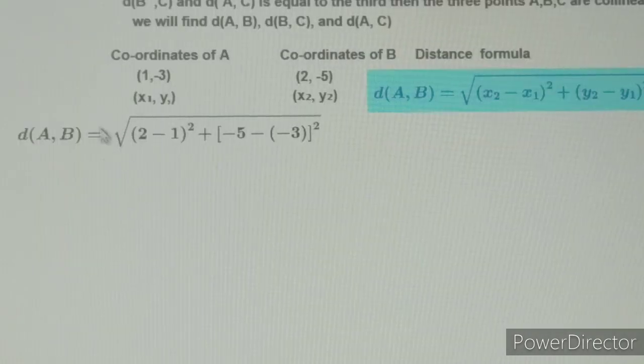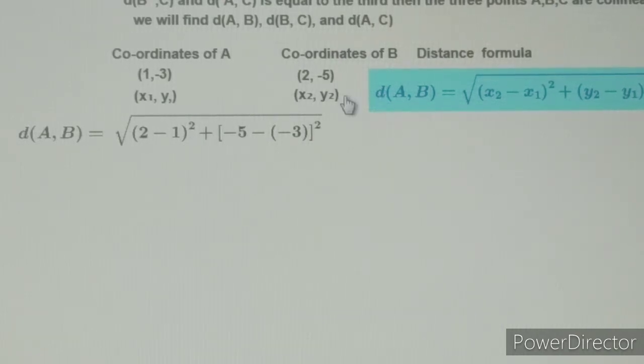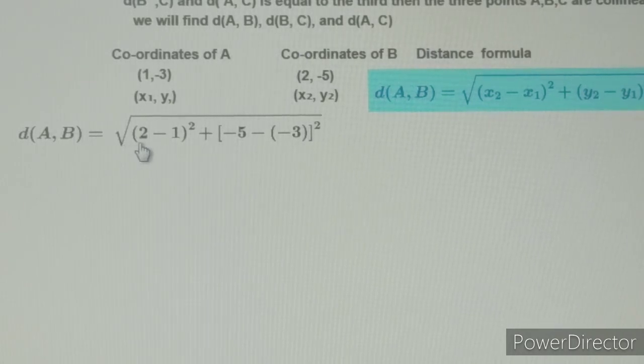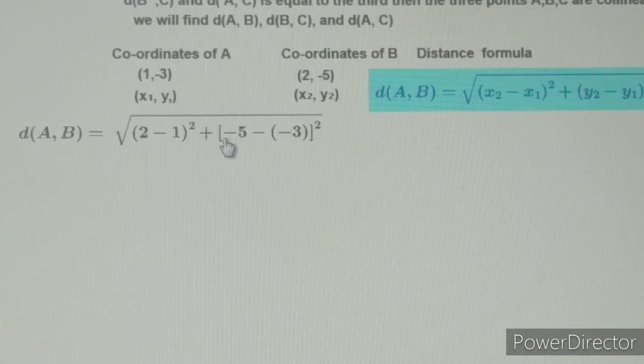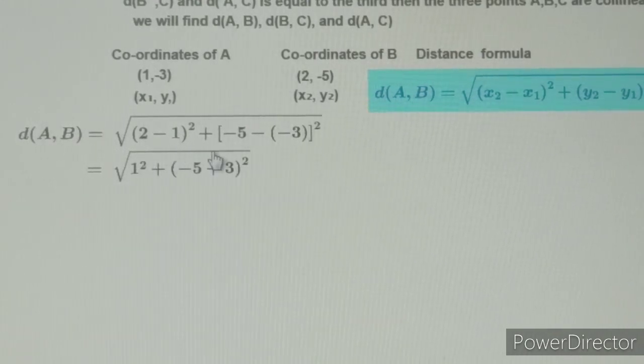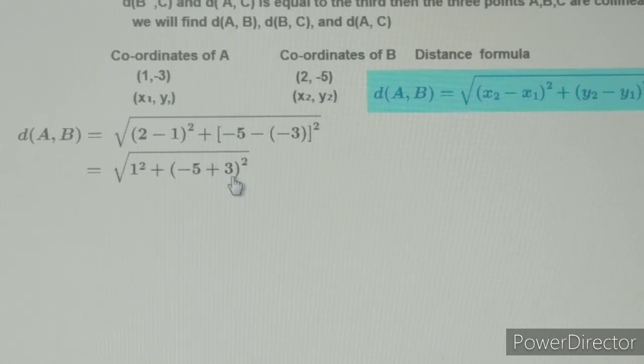By putting values of x1 and y1, x2 and y2 in this formula, we get distance AB is equal to square root of (2 minus 1) whole square plus (-5 minus 3) whole square. 2 minus 1 is equal to 1 square, and here negative 5 minus into minus, we get plus 3. So (-5 plus 3) whole square.